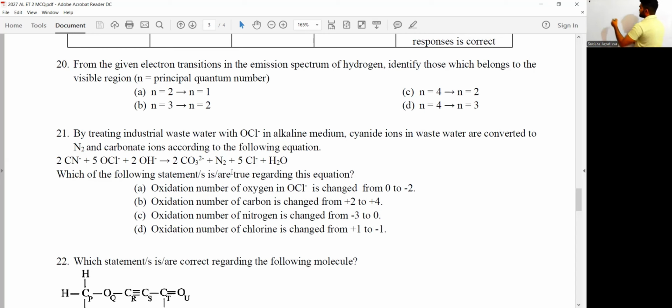You can see all the statements start by telling oxidation number. Okay, now let's take the reaction here. 2CN minus reacts with 5OCl minus and 2OH minus. It's happening in the basic medium. It is mentioned in the question also: alkaline medium. That means basic medium you can write.